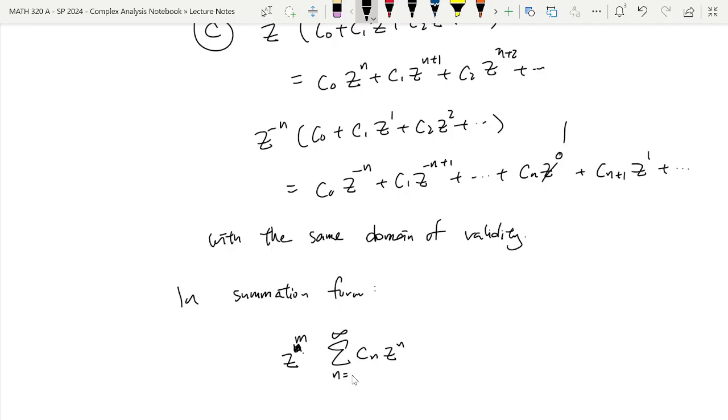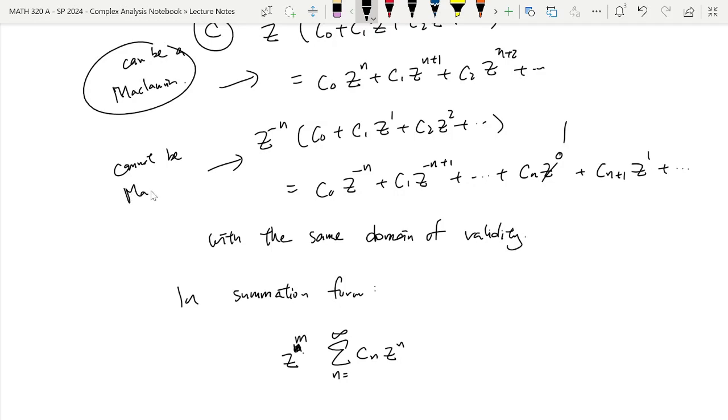Now you see, when I shift to the negative index, it is no longer a Maclaurin series. So up here, this can still be called a Maclaurin series. Can be a Maclaurin series for the first one. This one cannot be a Maclaurin series, and the reason is because you start from a negative index.